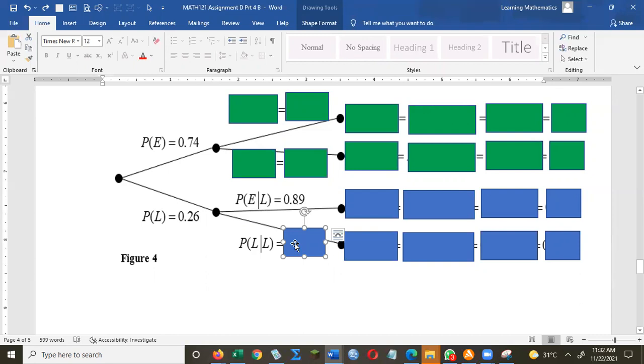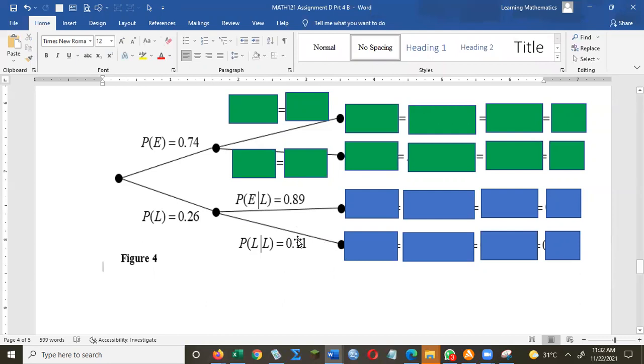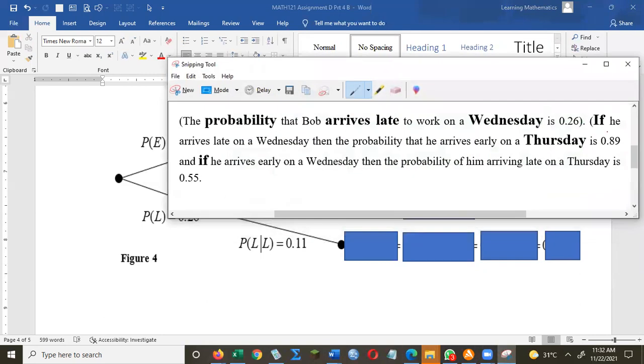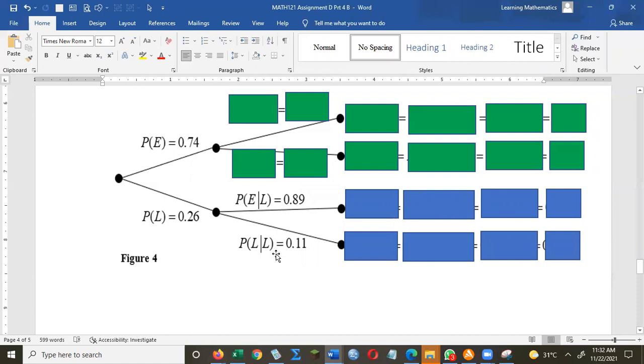The answer you probably gave me there is for the assignment, 0.11. But here, these two must add up to 1, so you just subtract 0.89. The assignment question will not give you the other one, because to get it, you simply subtract 0.89 from 1, and you get the late then late.